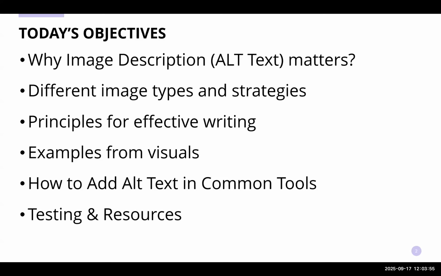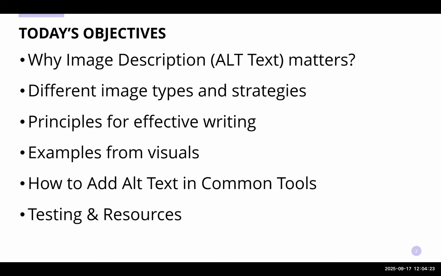First, we will start with why image description, or why alt text really matters, especially in academic settings. Then we will look at different types of images, things like charts, diagrams, photos, decorative images, etc. We will also talk about how our strategies for describing them should change depending on the purpose of the image.